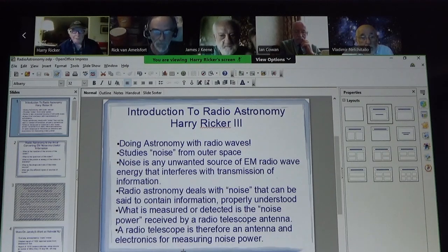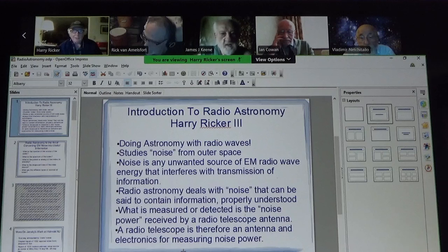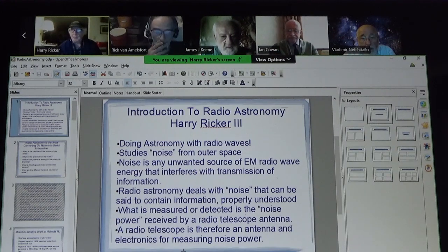So what is radio astronomy? It is doing astronomy with radio waves, but the radio waves are noise. They're not transmissions with information attached to them, which we call modulation. They're noise. And noise is any unwanted source of EM radio wave energy that interferes with transmission of information.